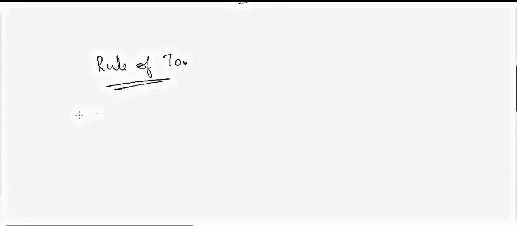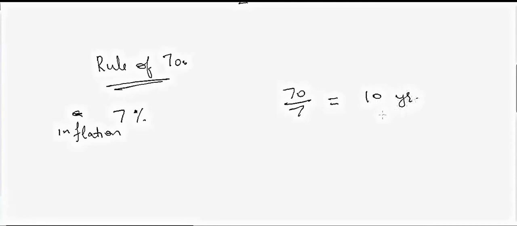Suppose the rate of inflation is 7%, then it will take you 70 divided by 7, equal to 10 years, for your money value to become half.